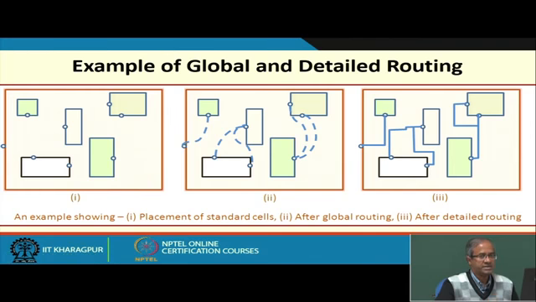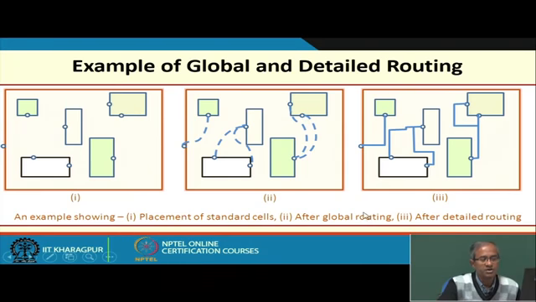Global routing does not interconnect the pins in a precise way, but rather tries to find an approximate route. You say that these two pins have to be connected over this part, these two pins can use this part, this pin can be using this part. To connect these two pins, I can follow this part, because there can be other alternatives. For example, for this connection I could have used a path like this.